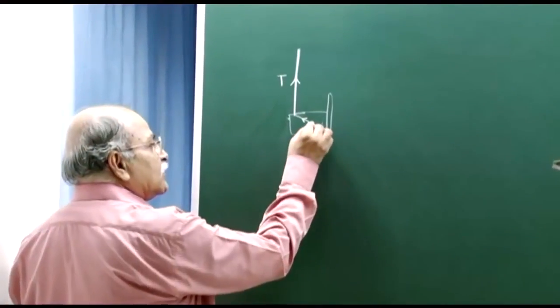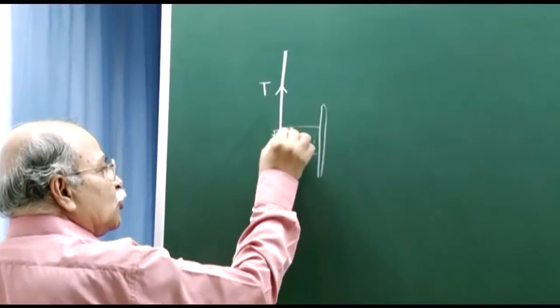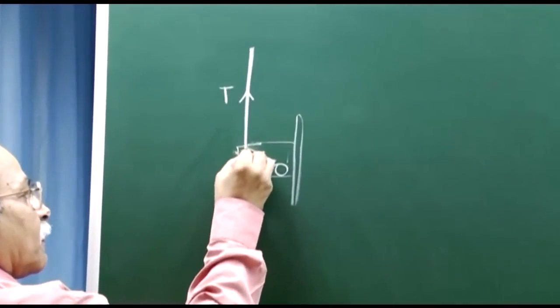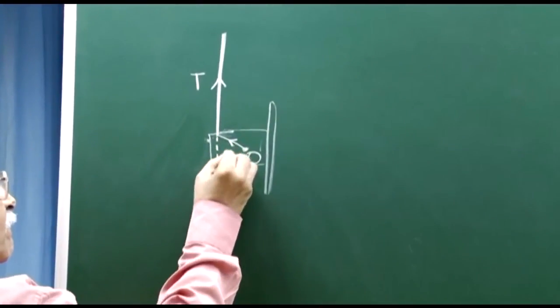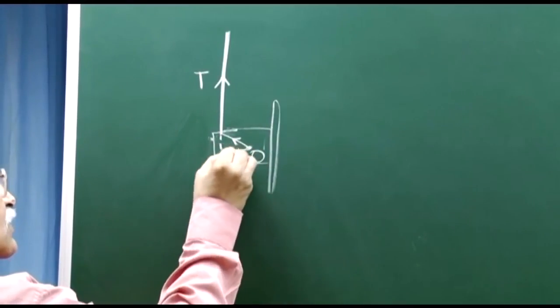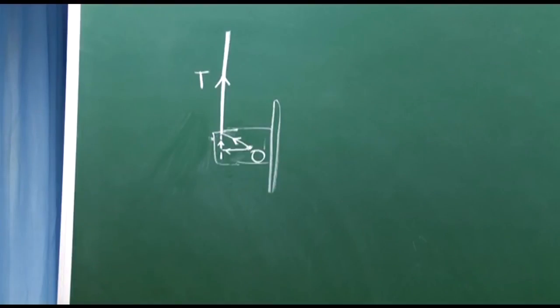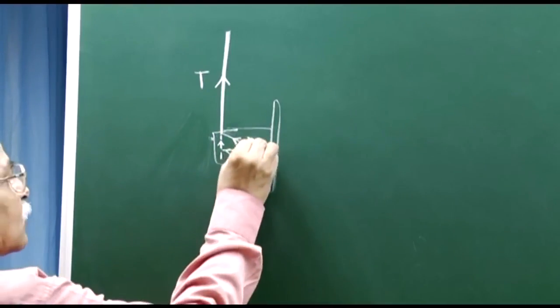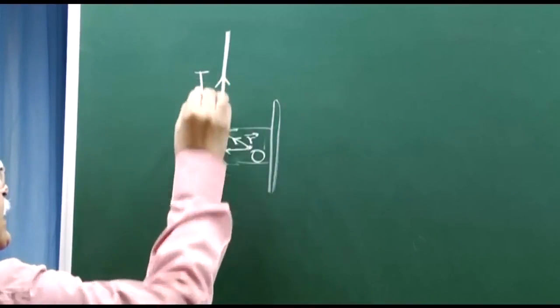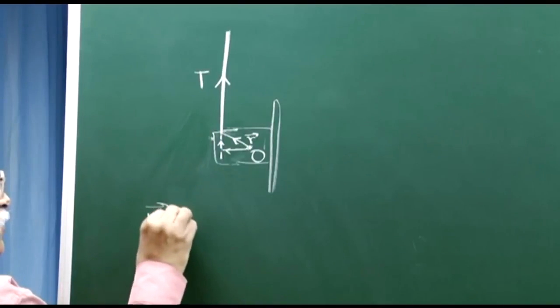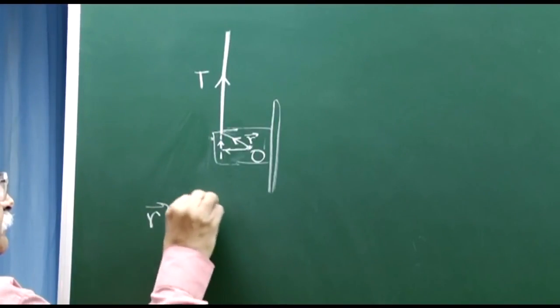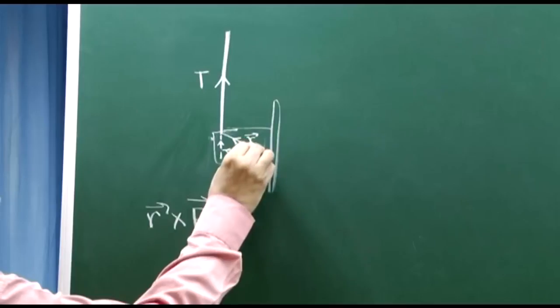Now, I can write this r in two components. One is this and another is this. What I need is r cross F, or r cross this tension, and this r has two components.